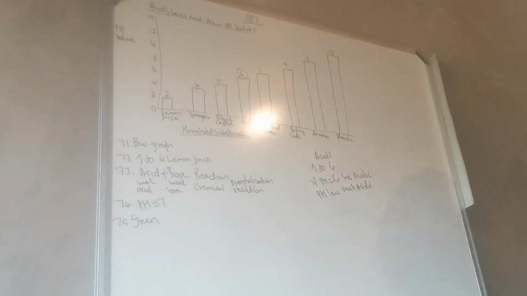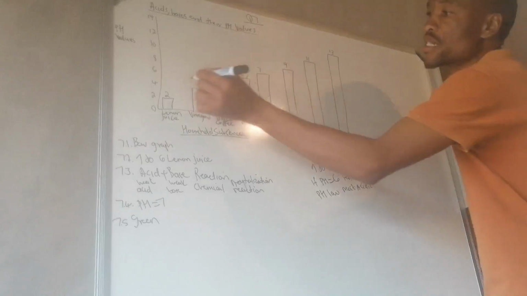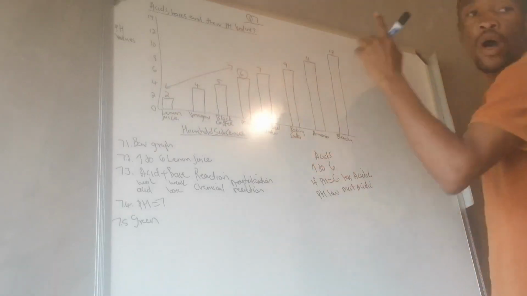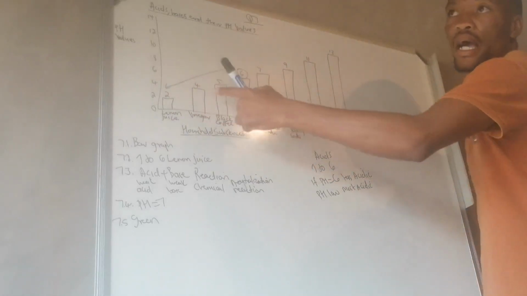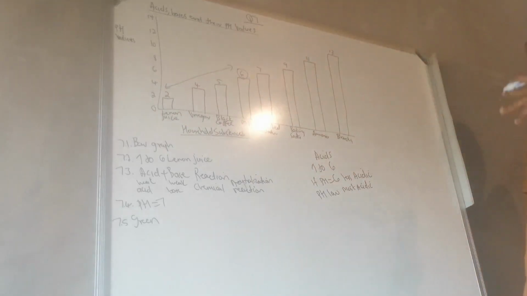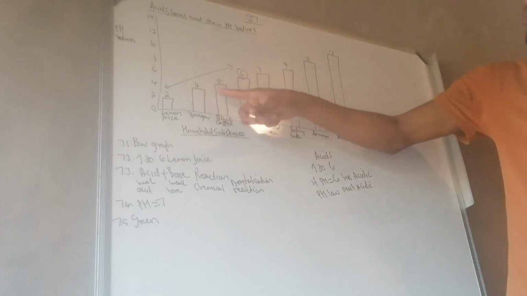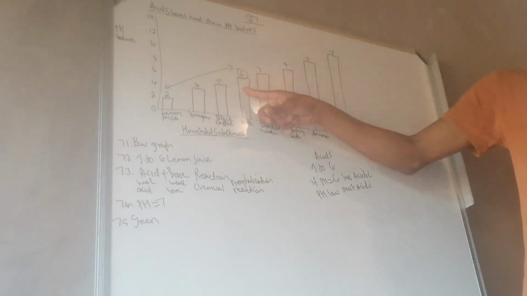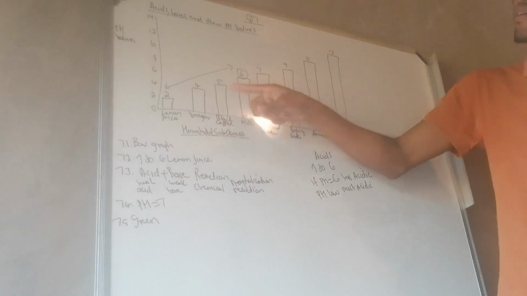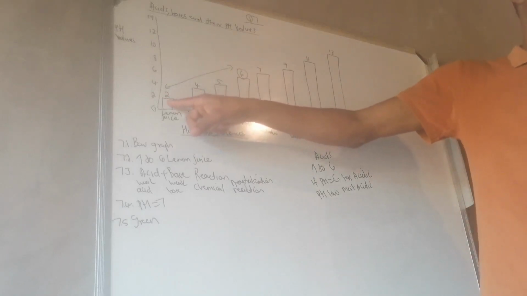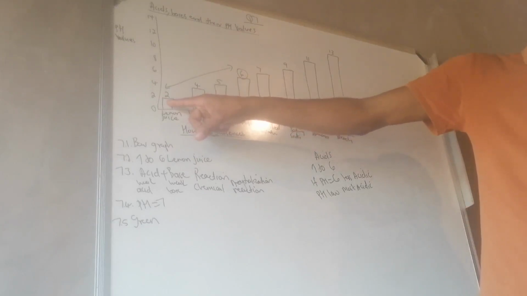In acids, as you go up, the acidic strength is decreasing. So the one with a pH that is lower is the one which is most acidic.